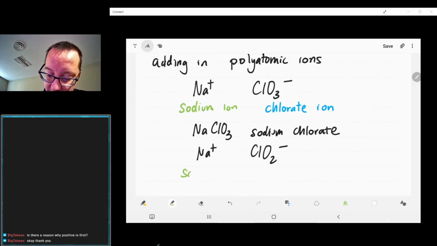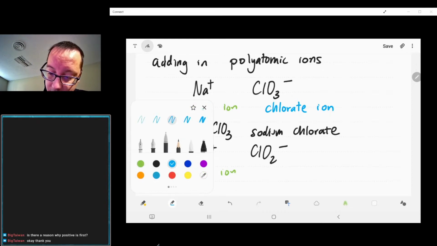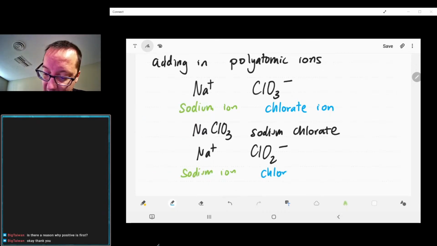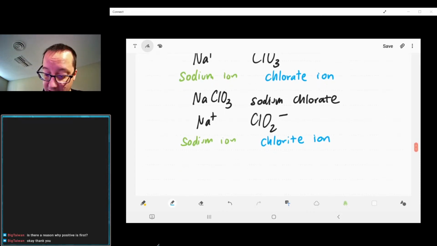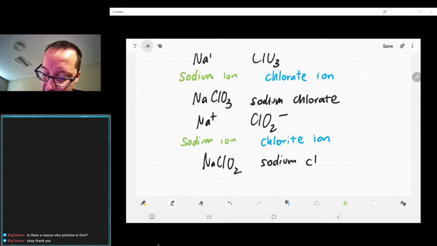Here, of course, again, we have the sodium ion. But this time, we have chlorite, not the chloride ion. So all of these ions have specific names, which you're going to have to use. And so putting these together, we will get sodium chlorite.